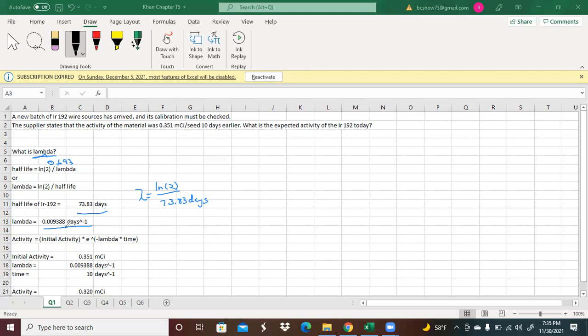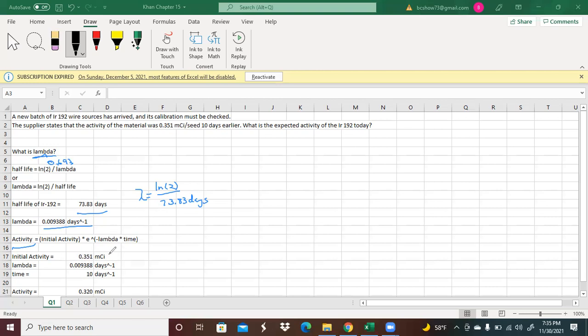So once you know lambda, you're able to determine the activity, because the activity is going to come from the initial activity, which we were given. This is what it was 10 days prior. That's going to be multiplied by the number e, which is raised to a particular exponent, which is minus lambda times the amount of time.